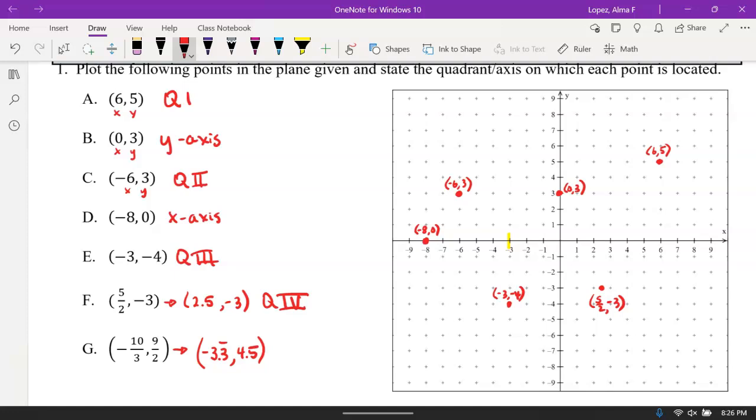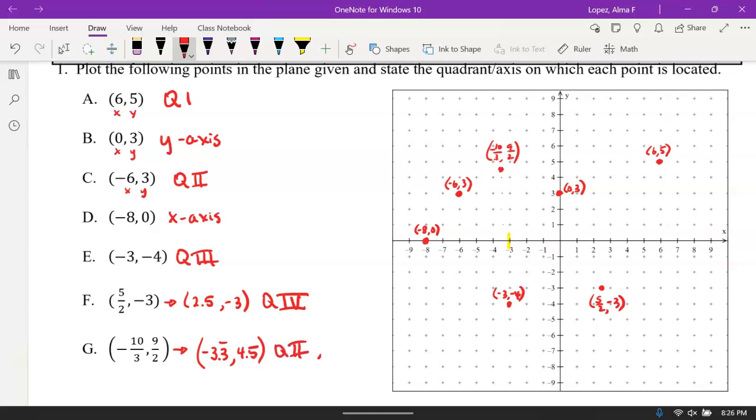Well, -3.3 is a little less than half, so about there. And from there, I'm going to go up 4.5. So 1, 2, 3, 4.5. This is the point -10/3 and 9/2. And we could have labeled them with a letter. Oh, by the way, what quadrant is that point in? 2 is correct.